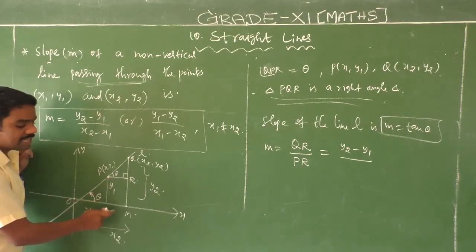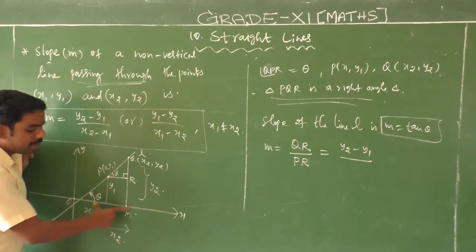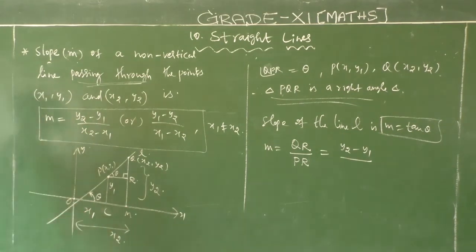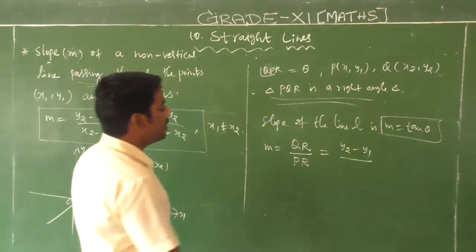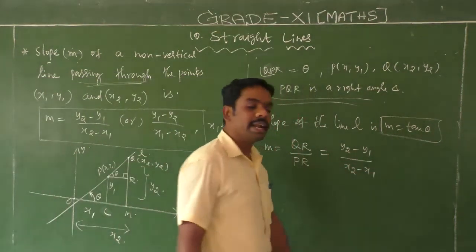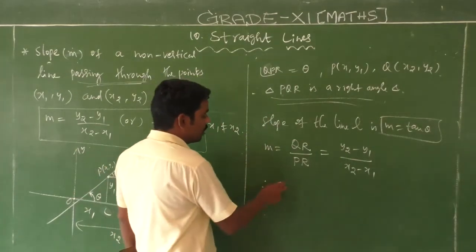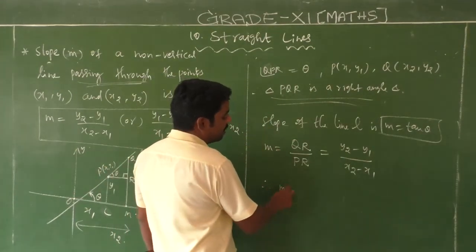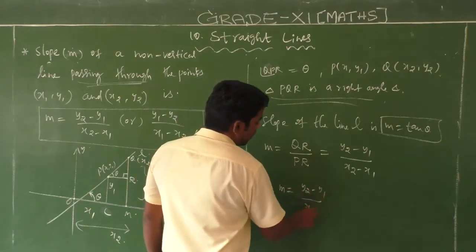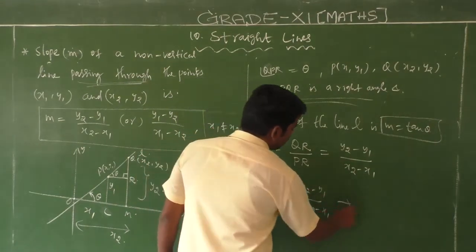PR is also equal to LM, so LM is OM minus OL, that is x2 minus x1. So the distance between P and R is x2 minus x1. Therefore, the slope of the line m is equal to y2 minus y1 divided by x2 minus x1. This is equation number 1.